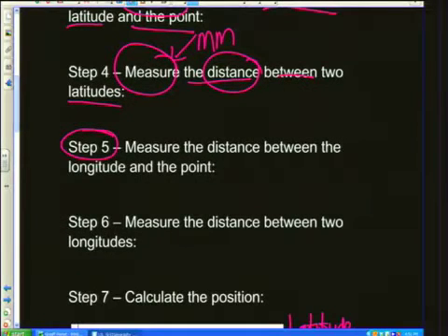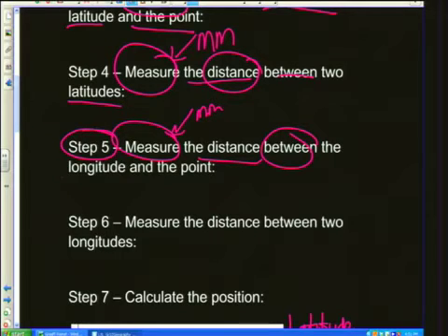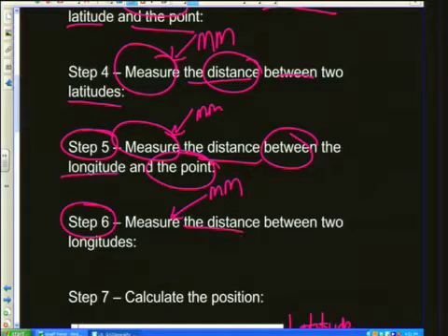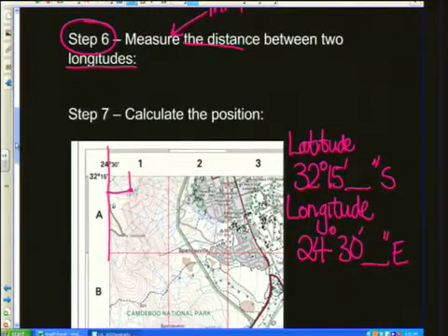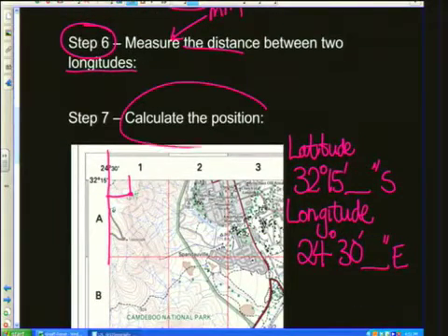Step 5, measure again in millimeters the distance between the longitude and the point. And step 6, measure the distance between two lines of longitude. When we do this, we are able to calculate position.